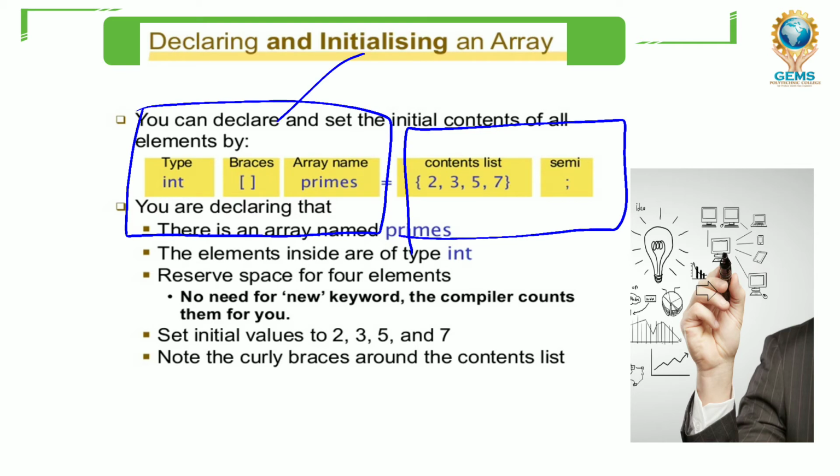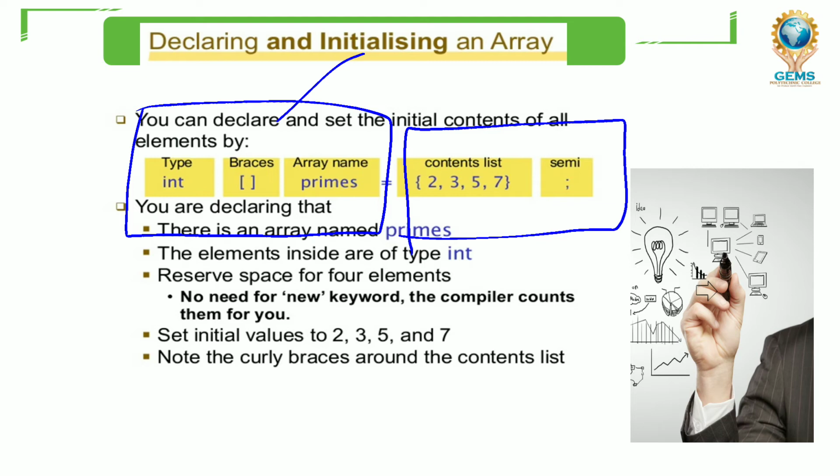All of you know about syntax. Once we want to declare an array, what kind of syntax do we have to follow? First, the data type should be there. Second, the name of the array should be there. And third, the square brackets.